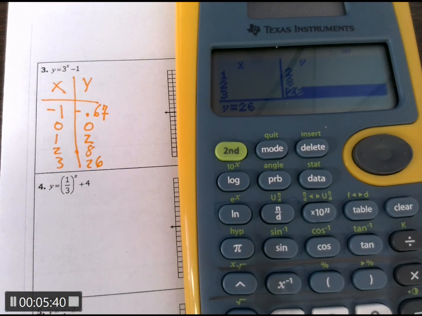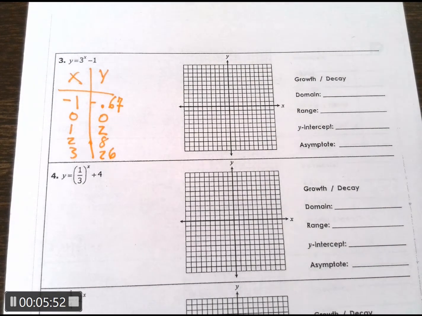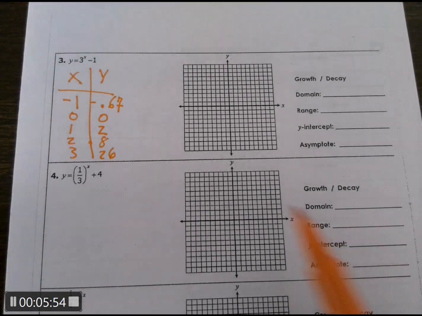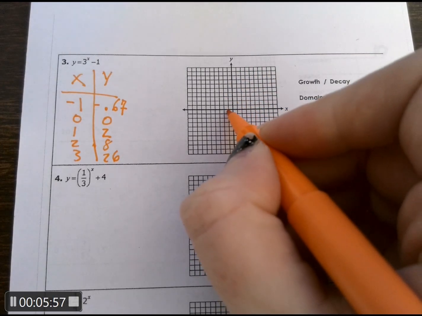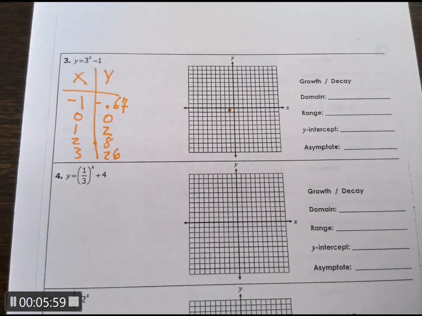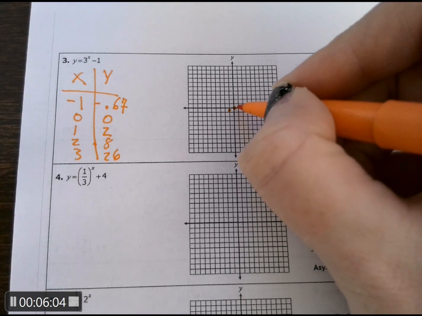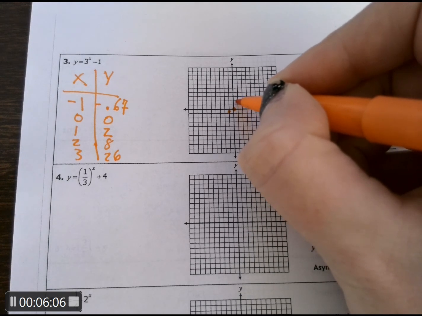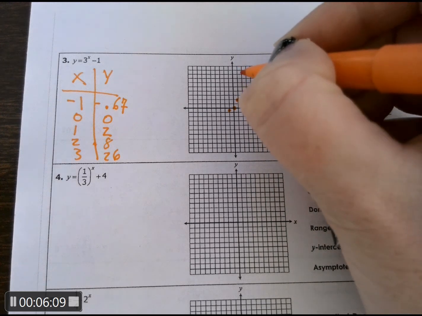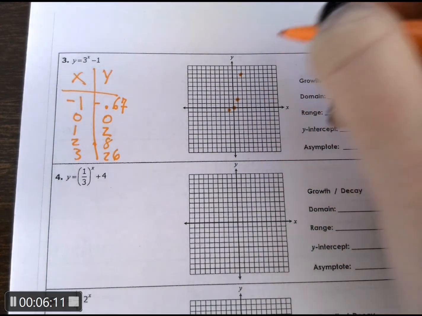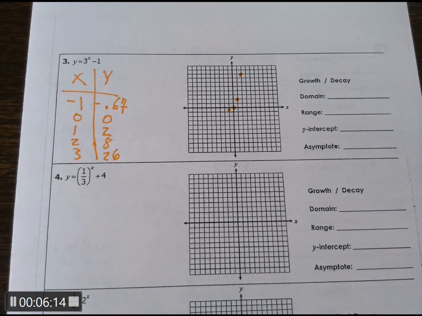Again, it does not really matter that it won't fit on our graph, just so long as we did what we were supposed to. Okay. Alrighty. So now we are going to graph, and we start at -1, -0.67, which is about right there, and then 0, 0. And then 1, 2, and then 2, 8, and then 3, 26 is too big, so we can't graph that one.